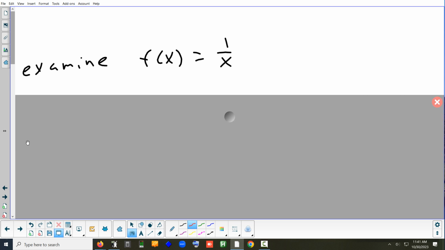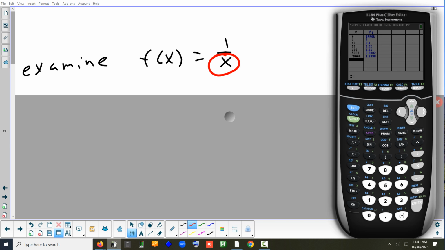Okay. Now, instead of looking at what happens as I go really, really, really far away, I want to look at what happens as I get really, really close to the number that I'm not allowed to use. What number are you not allowed to plug in for x there? 0. Yeah, you're not allowed to plug in 0.